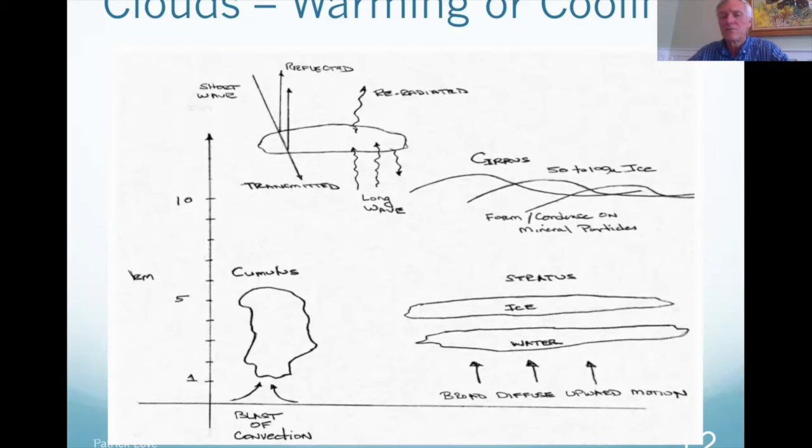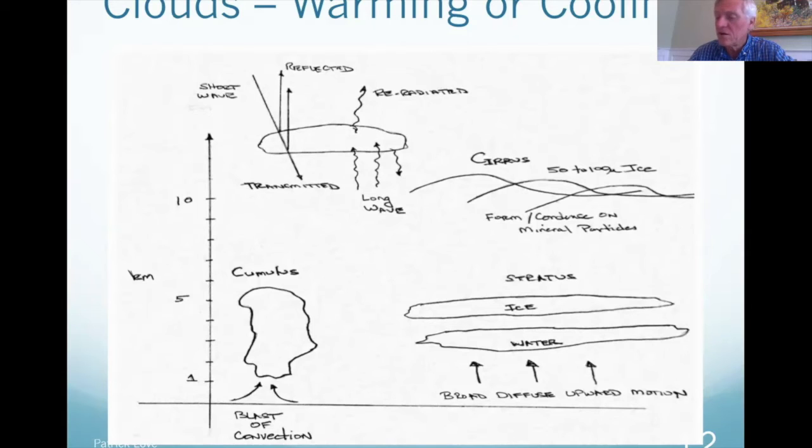So the basic rule of thumb here is that low clouds warm and high clouds cool. And the reason that high clouds cool is they're usually thin and wispy, so they pass most of the sunlight through, but they do absorb infrared coming from the Earth.